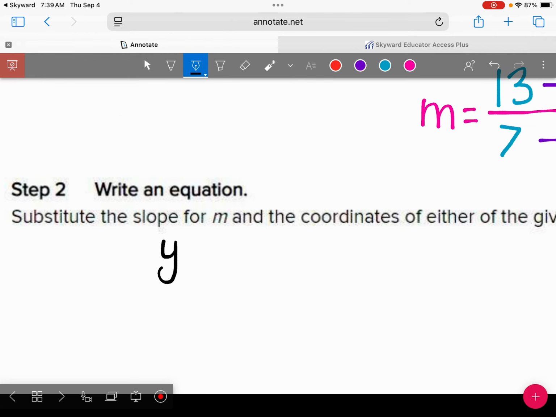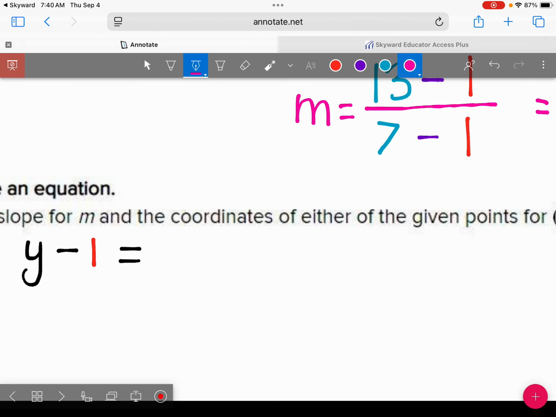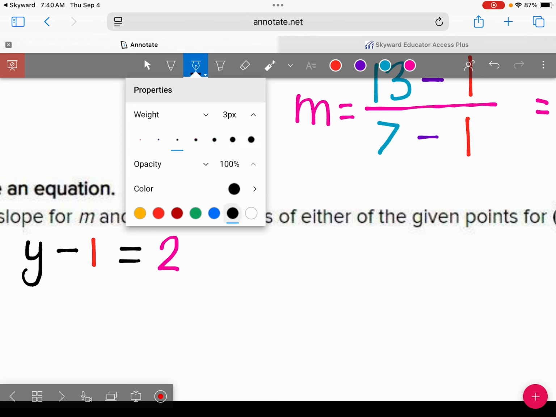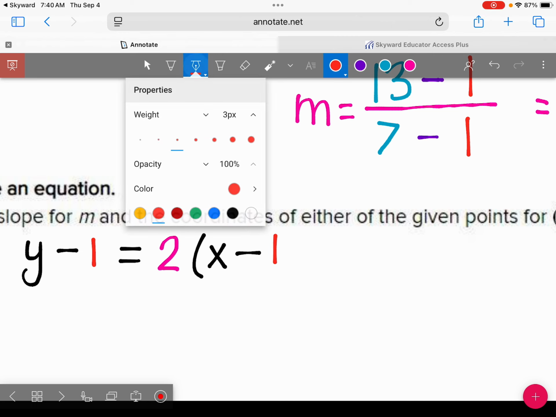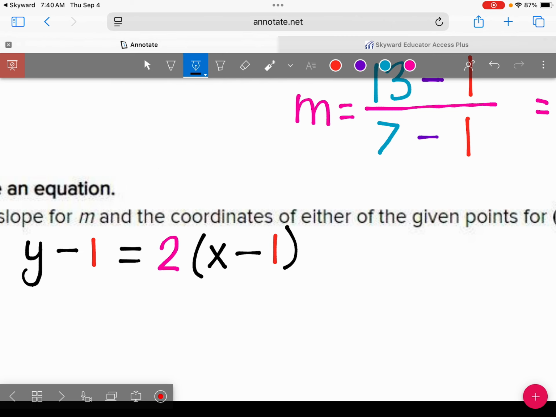So we'd have our y minus the y from my point, which was 1, equals our slope, m, which was 2, x minus x1 from my point, so that 1. That is an equation in point slope form with the slope going through that point, 1, 1.